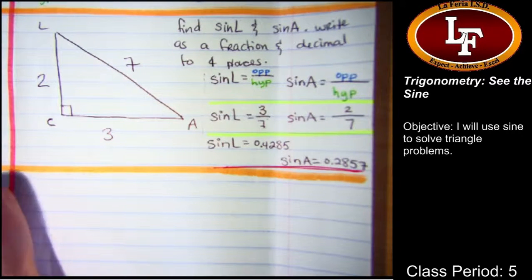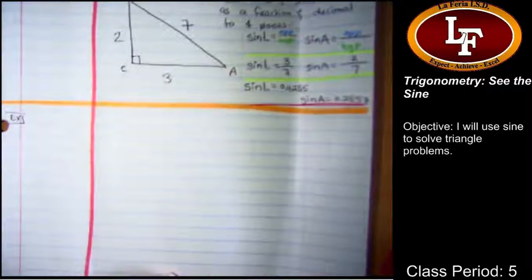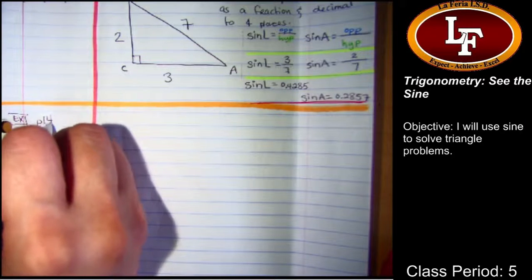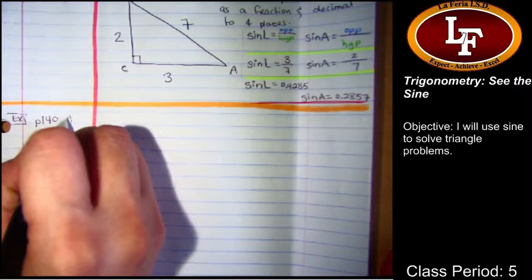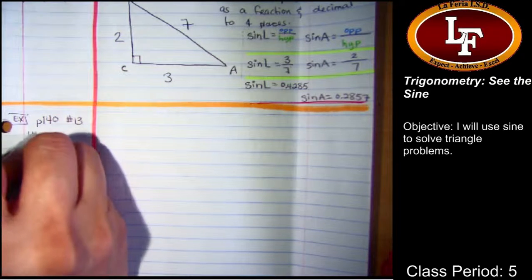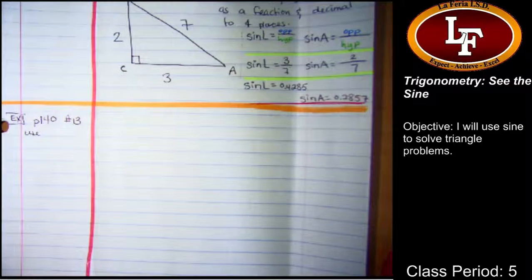All right, let's go on with the next example. The last example for the day is coming to us from page 140. Question number 13. I'm going to change the directions a little bit so that it's specific to what we're doing today.